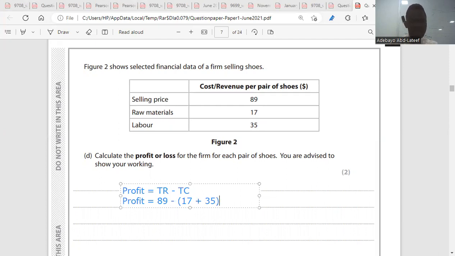So that gives us profit equals 89 minus 52, which is equal to $37. So that's the answer for that. So go to question E.